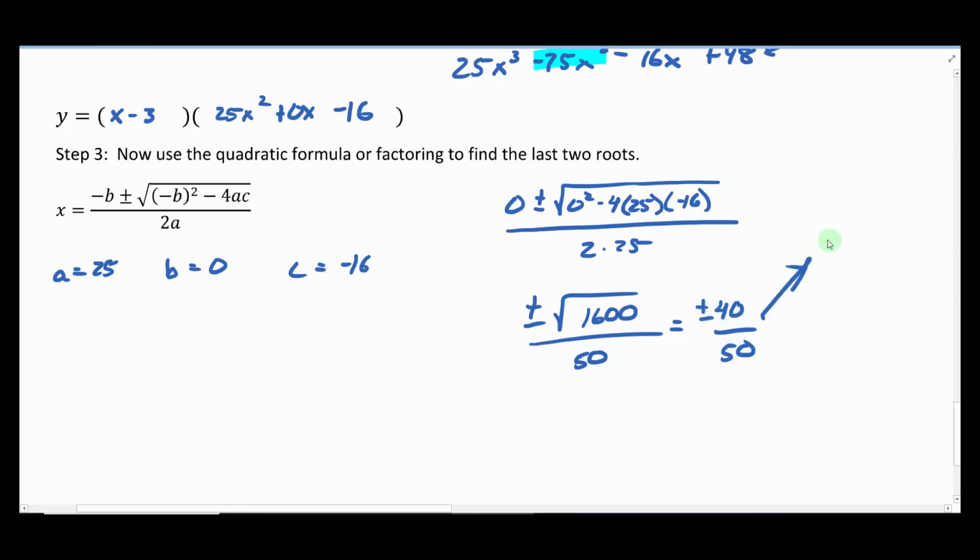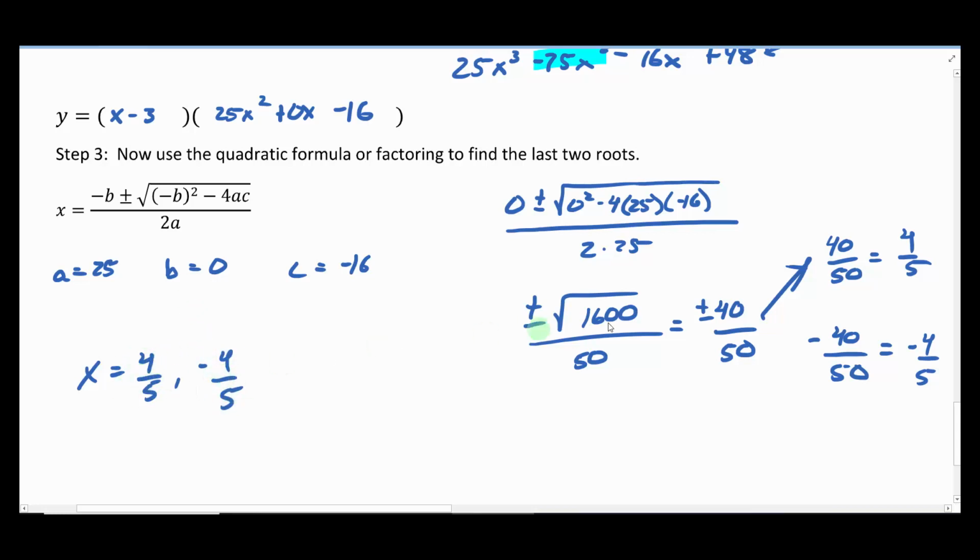So we're going to have 40 over 50 and negative 40 over 50, and these will both reduce to 4/5 and negative 4/5. And there's my last two roots. So I can say I have another two roots, and they are 4/5 and negative 4/5, right?